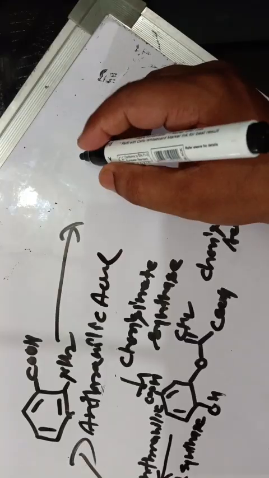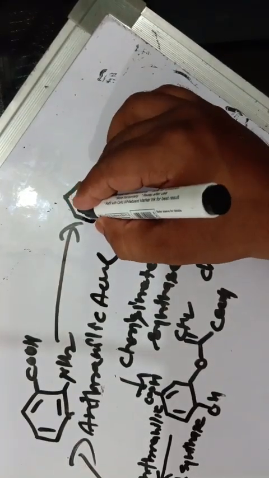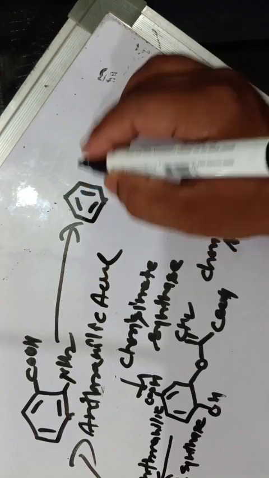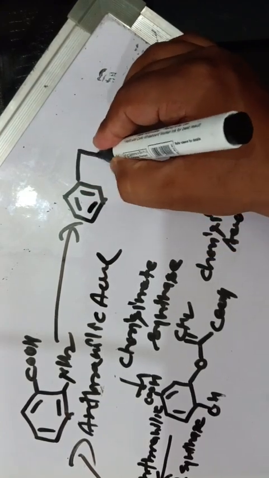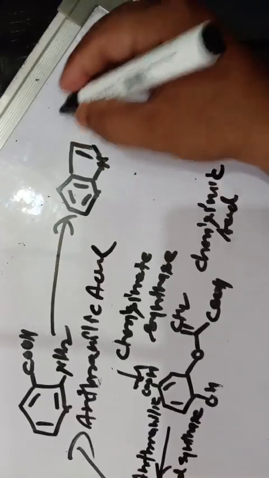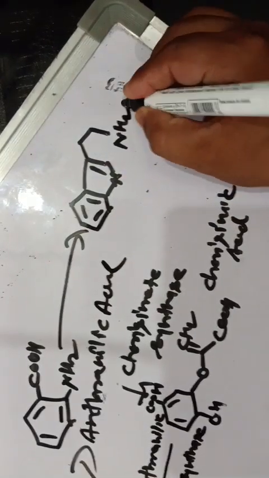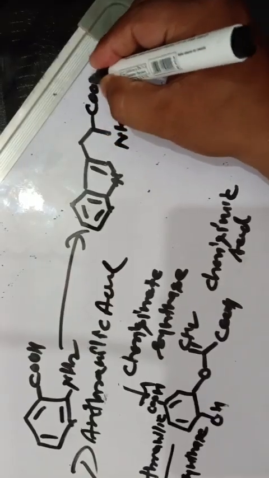This is anthranilic acid, and from this anthranilic acid, our next aromatic amino acid, tryptophan, is formed, and its structure has NH2 COOH.